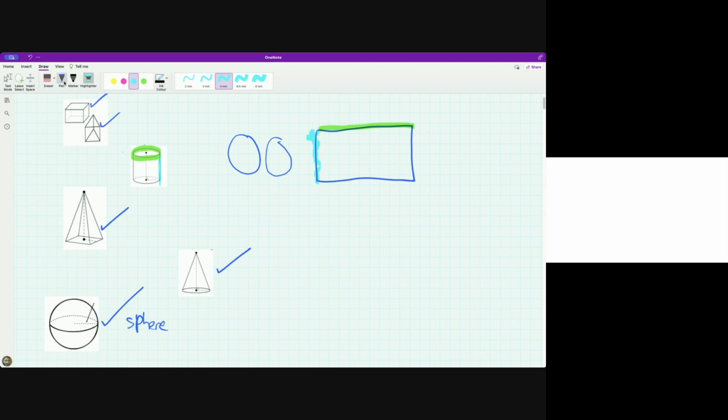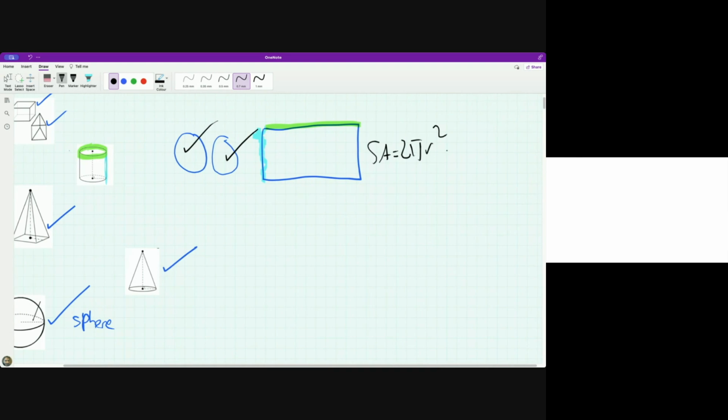So if we're finding the surface area of a cylinder, there's going to be two parts. In fact, I'll even write it for you. It's 2 pi r squared because of each of these. And then it's going to be 2 pi r, or diameter times pi, which is the green bit, times the height. Or you could say this as 2 pi r times height.